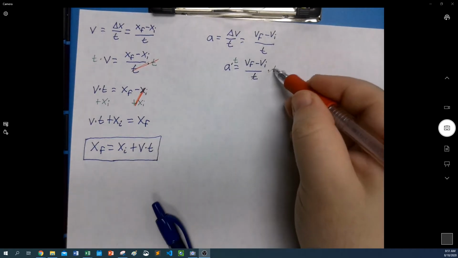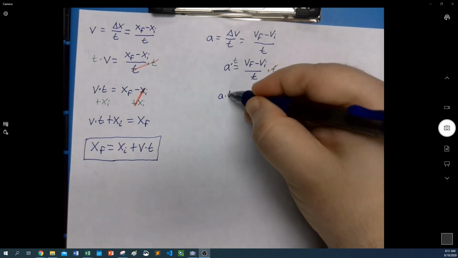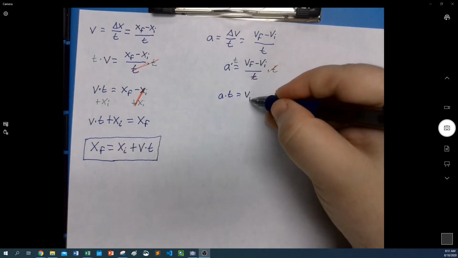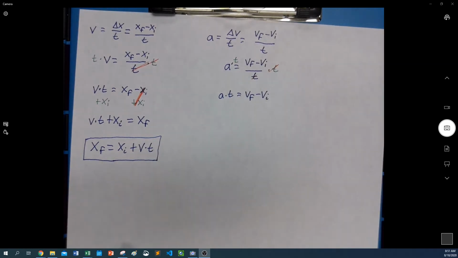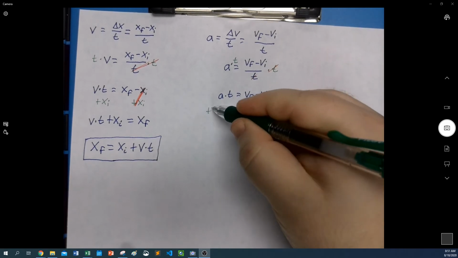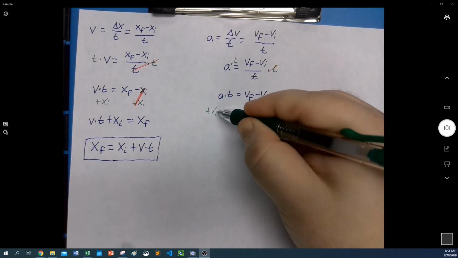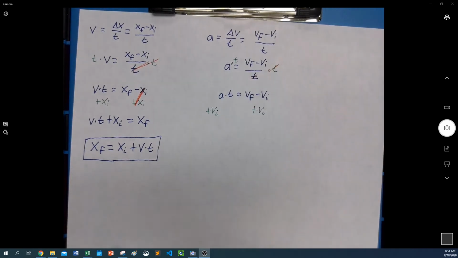These t's will cancel out, giving you a times t is equal to vf minus vi. Now add vi to both sides.